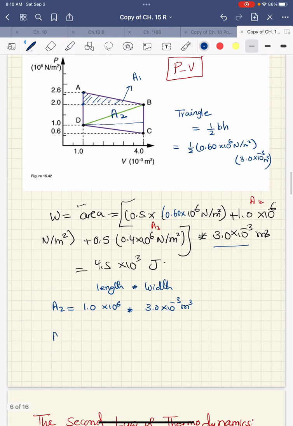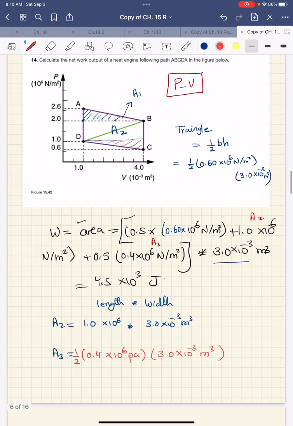And finally, A3 is this triangle here, and that is 1 minus 0.6, which is 0.4 times 10 to the 6, and of course here I have 1/2 because it's a triangle again, times the 3 times 10 to negative 3, and then you add all the 3 areas to get the area under the curve.